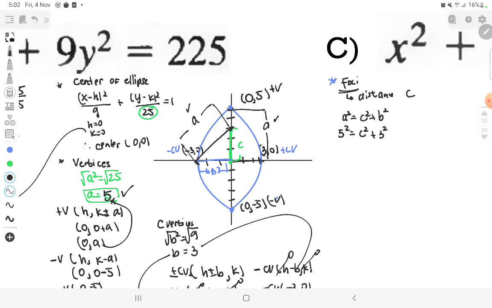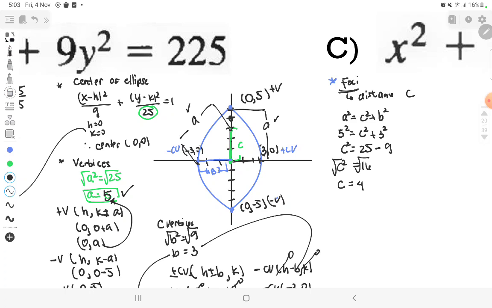So from here I will have my c square, which is equal to 25 minus 9, which is equal to 16. Getting the square root, I will have c is equal to 4. So from here I have my c equal to 4. So I will just adjust this, 1 2 3 4, 1 2 3 4. This is our 4. I'll just remove that.